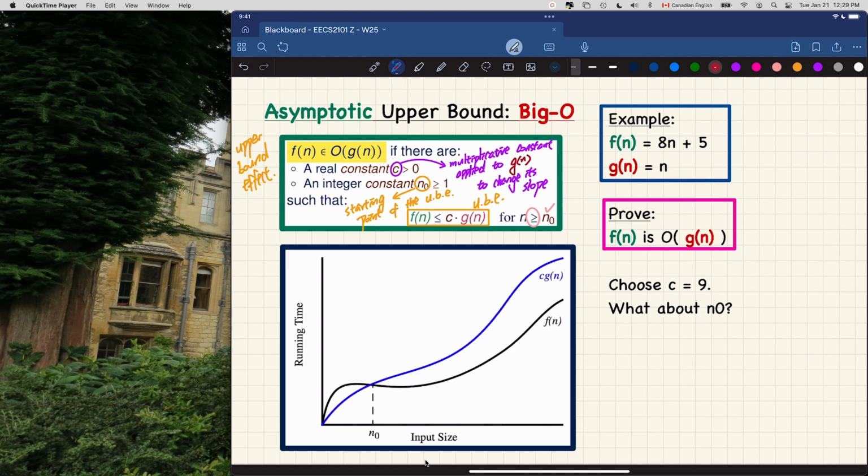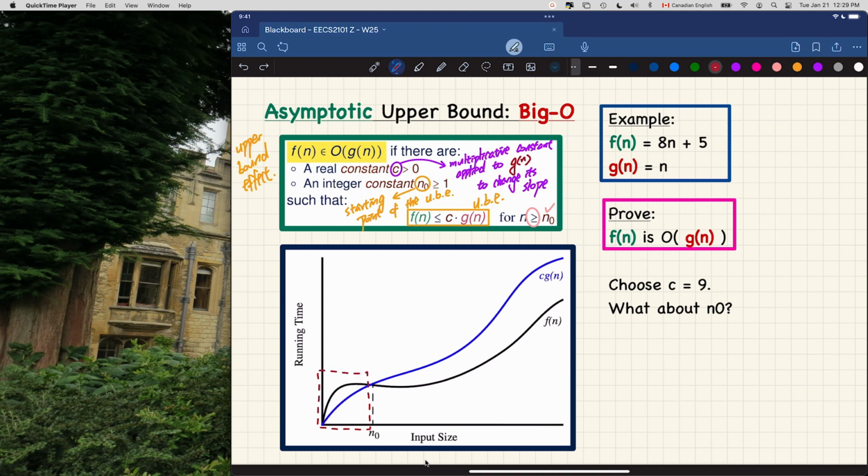So let's first of all start with here. Look at this part over here. It should be strictly less than n0.